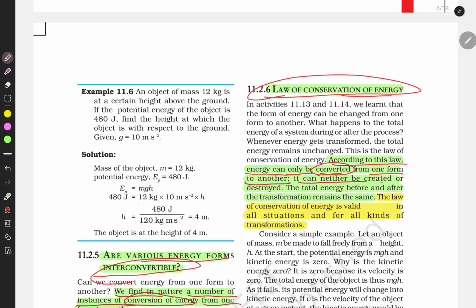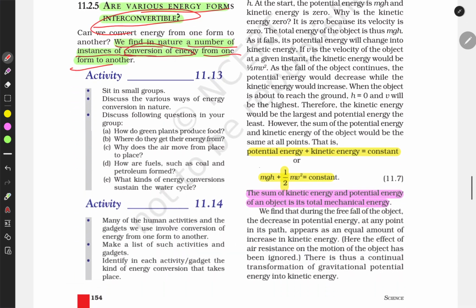It can neither be created nor be destroyed. The total energy before and after the transformation remains the same. The law of conservation of energy is valid in all situations for all kinds of transformation.